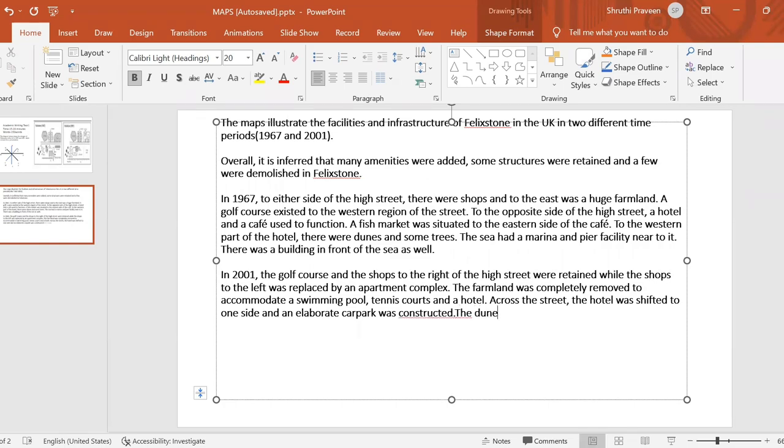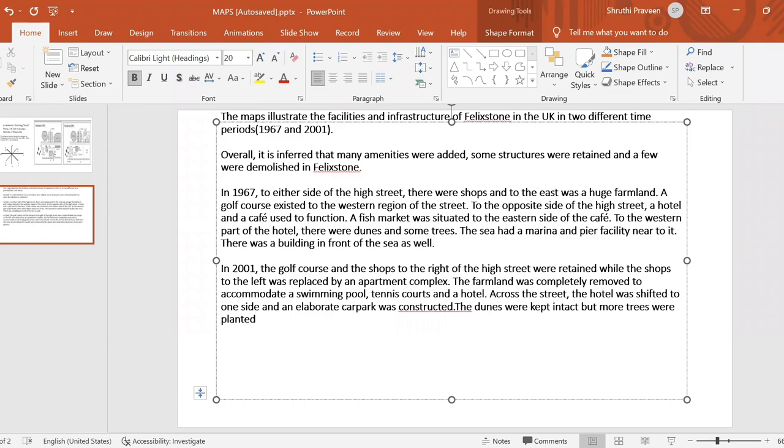The dunes were kept intact, but more trees were planted. Wind turbines were erected near the sea. Okay.